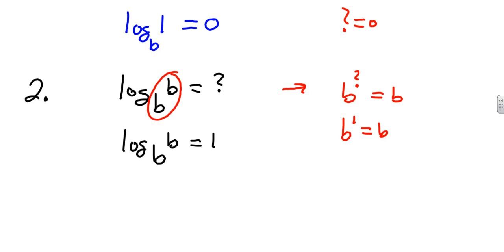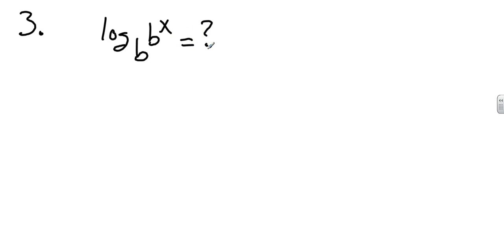Okay, 2 more. The last 2 are the same, just written a little differently. Number 3 is actually the same as number 2, just with a little bit extra in it.